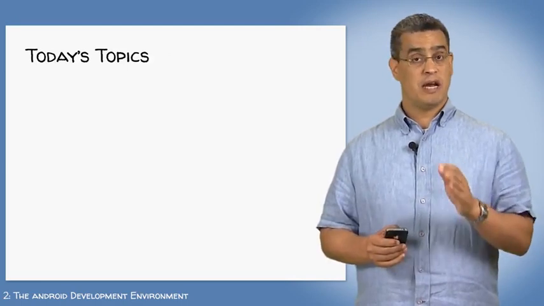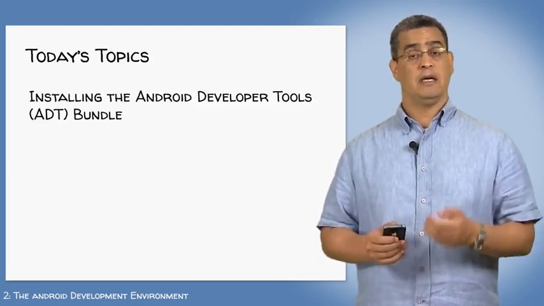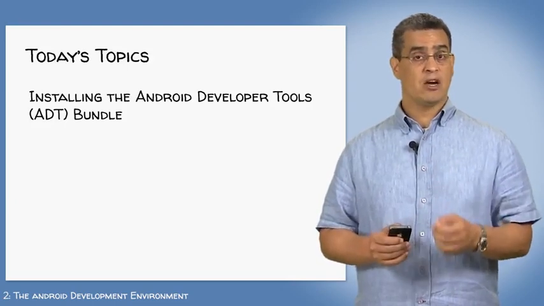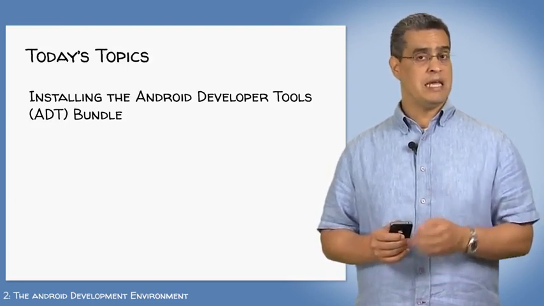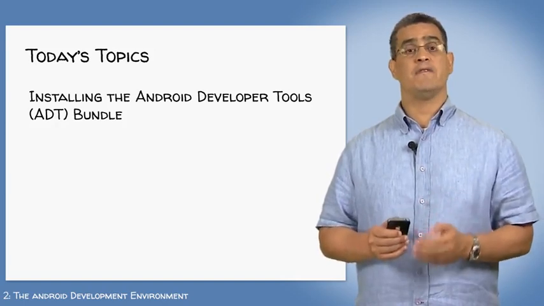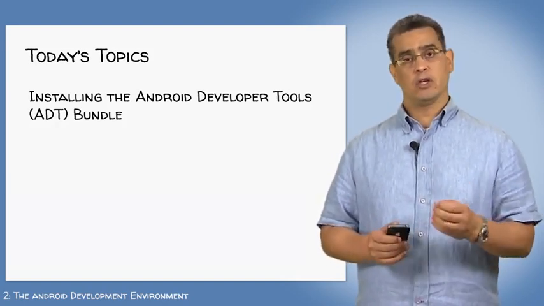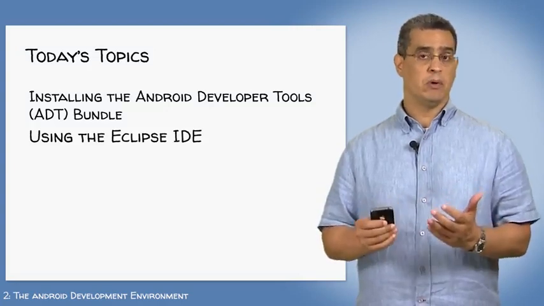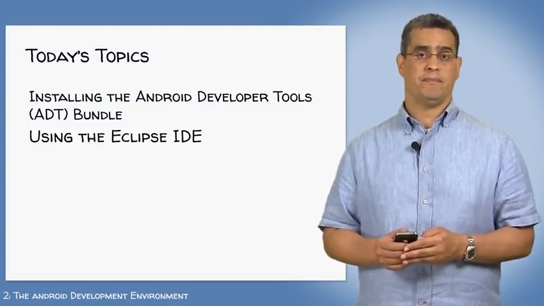First, I'll explain how you can set up your development environment, including installing the Android SDK, the Eclipse Integrated Development Environment, or IDE, and the Android developer tools. Then I'll show you the Eclipse IDE in action, and we'll create a very simple Android application.